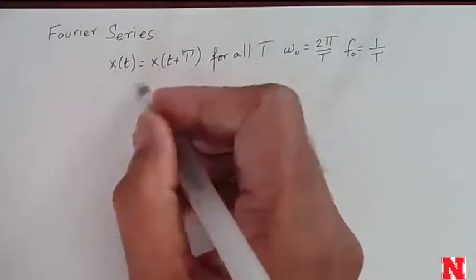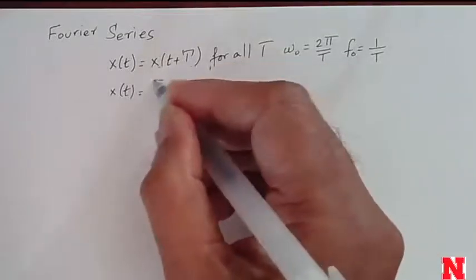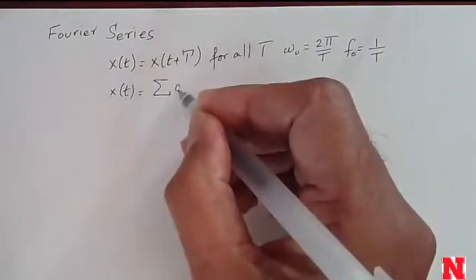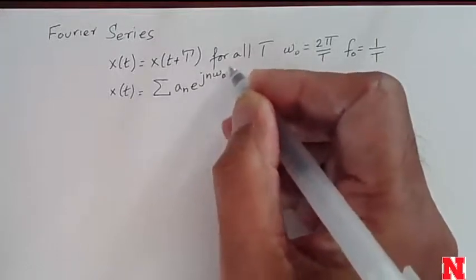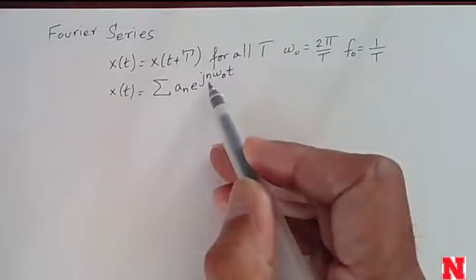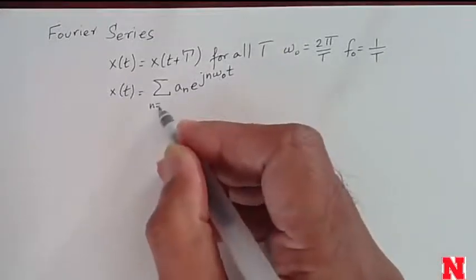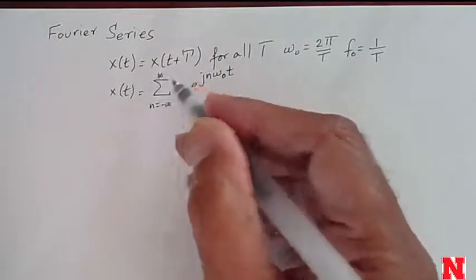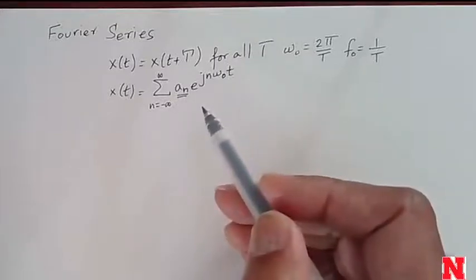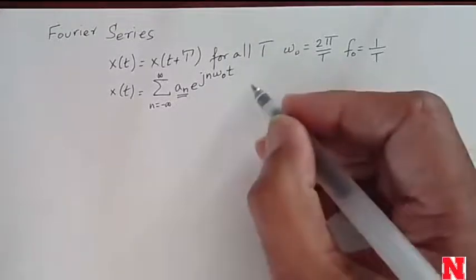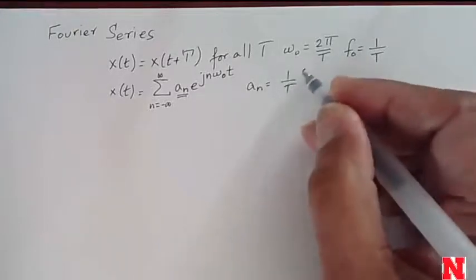Okay, and then what we said was we can take x of t and we can write it as a sum of complex exponentials. These complex exponentials have in the exponent n times omega naught, and n goes from minus infinity to infinity, and each of these complex exponentials has a component attached to it, and this component we can obtain by using this integral formulation.